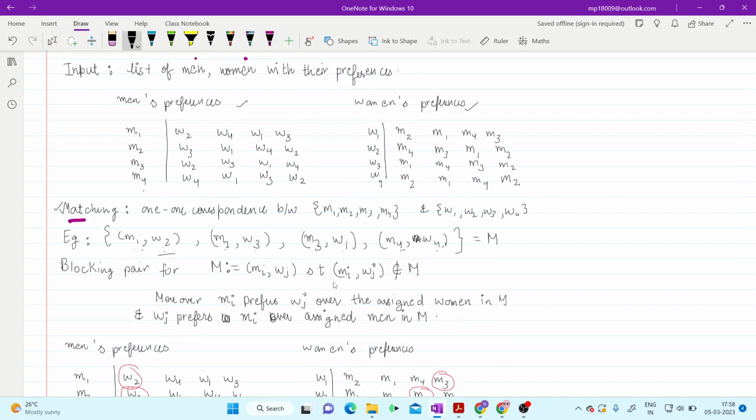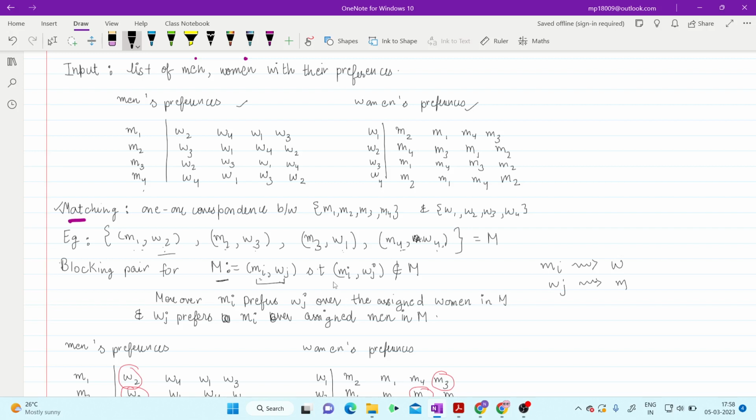If this is my matching M, I will say that mi wj is a blocking pair for this matching if, first of all, this pair is not an element of M. Moreover, if M is a matching, mi has been assigned some woman, say w, and wj is also assigned some man, which is m.